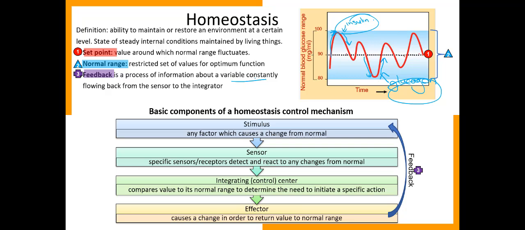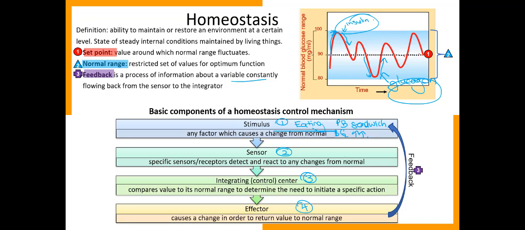So let's look at a homeostasis control mechanism. You have these four different things. When we look at blood glucose levels, let's say the stimulus is eating a peanut butter sandwich. When we eat a peanut butter sandwich, as the sandwich gets broken down and components of it get absorbed into our blood stream, blood glucose levels, I'm going to put BG, increases.